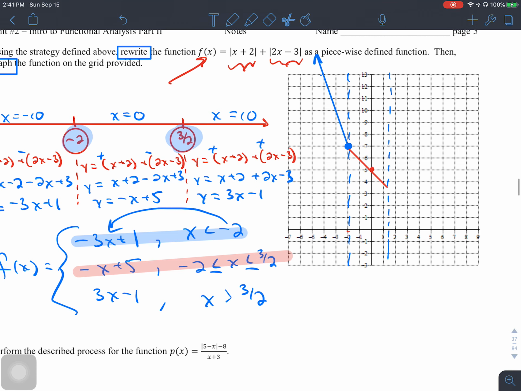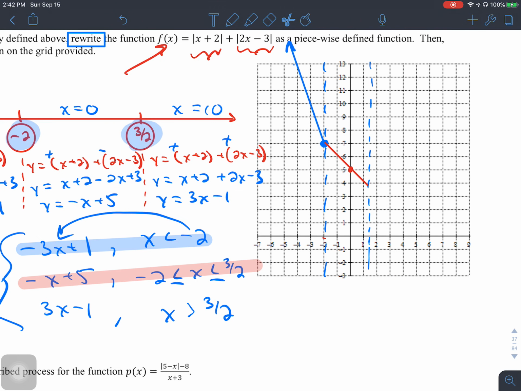So that's going to look a little something like this. This needs to be a little bit longer here. It goes until it hits that dashed line, like so.